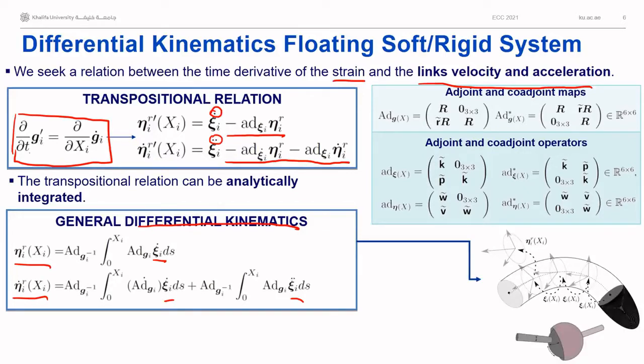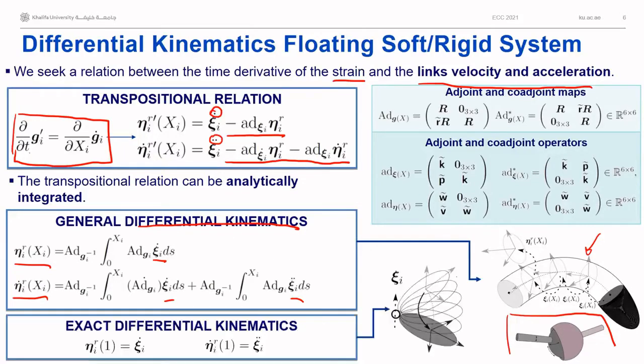Okay, this general differential kinematics is applicable for everything. In particular, in this general form, it's valid for a soft link, but also a multidimensional lumped joint. In this case, the strain is constant, as we saw before. So there will be some additional simplification here that I will show you later. But anyway, this general form is valid for these two.